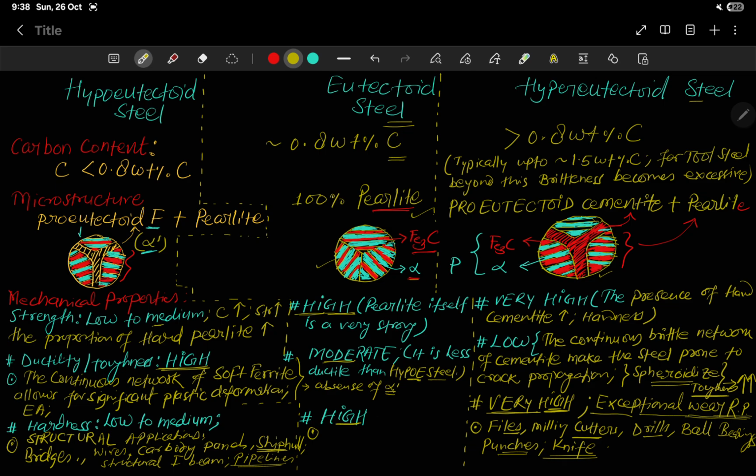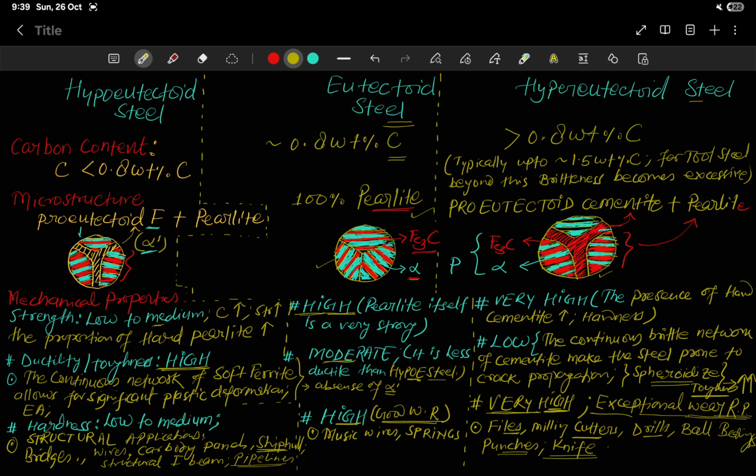That it has good wear resistance. Now let's think of these applications. We will get music wires and springs.